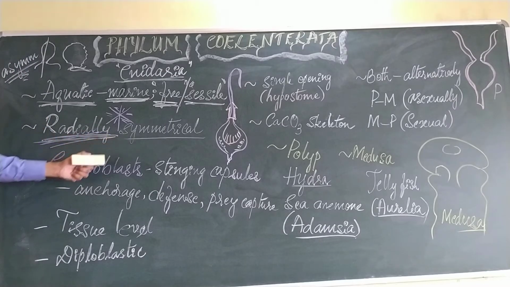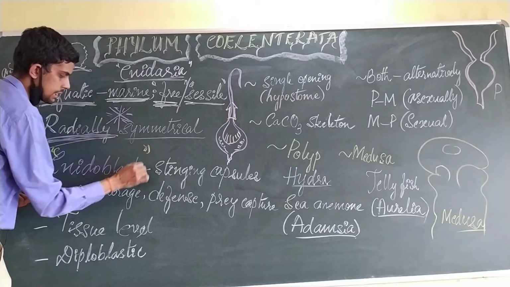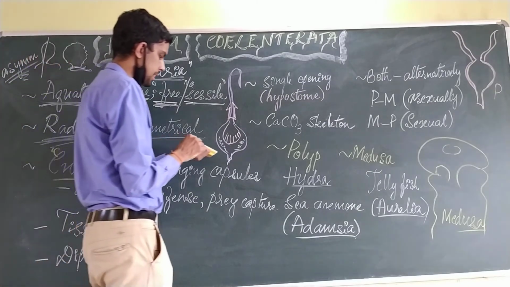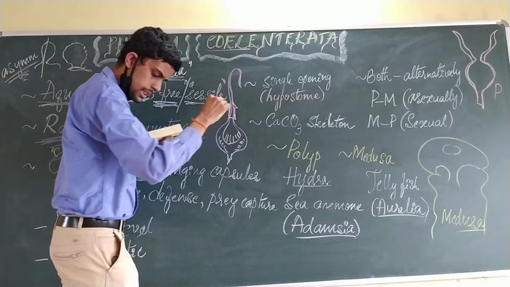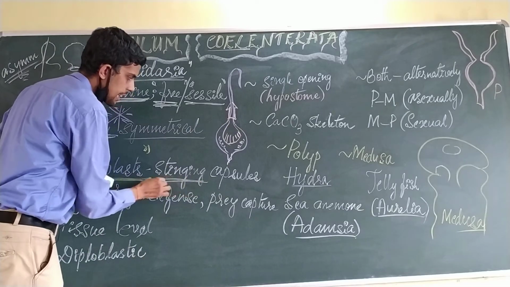And then here you find a special kind of cell, as in Poriferans you found pinacocytes, right? Here you find a special type of cell called cnidoblasts or cnidocytes. These cnidocytes are a special type of cells exclusively found in the phylum Coelenterata, and they comprise stinging capsules.